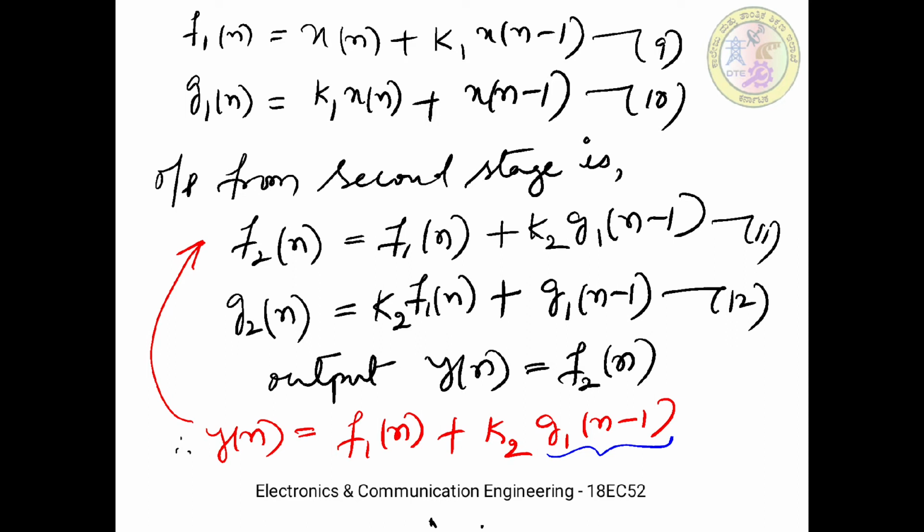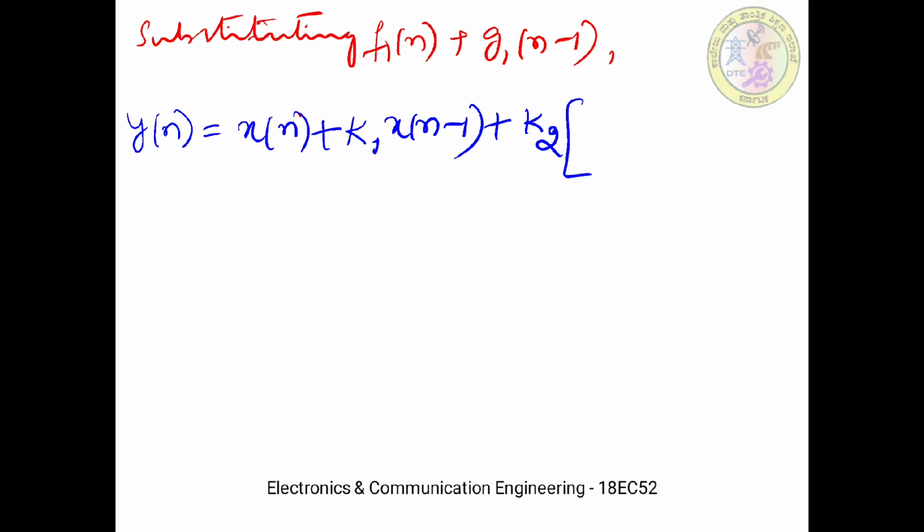So now in the g1 of n equation, we put n minus 1. So this will become x of n minus 1 and this will become x of n minus 1 minus 1. Okay. So therefore here k2 into k1 into x of n minus 1 plus x of n minus 1 minus 1.